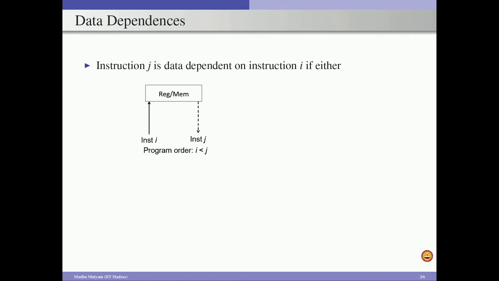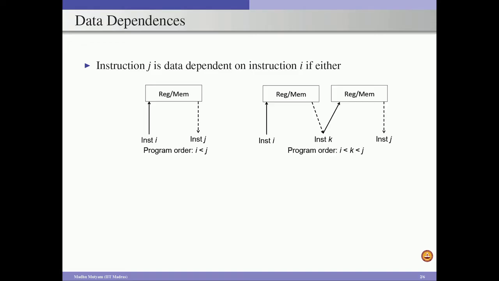This data dependence can also happen in a transitive way. That is, instruction I is writing a value to a register which is consumed by instruction k, and instruction k writes a value to another register or a memory, and instruction j is consuming it. So, effectively we can say instruction j is data dependent on I, because there is a chain of dependence. k is dependent on I and j is dependent on k in a transitive way.